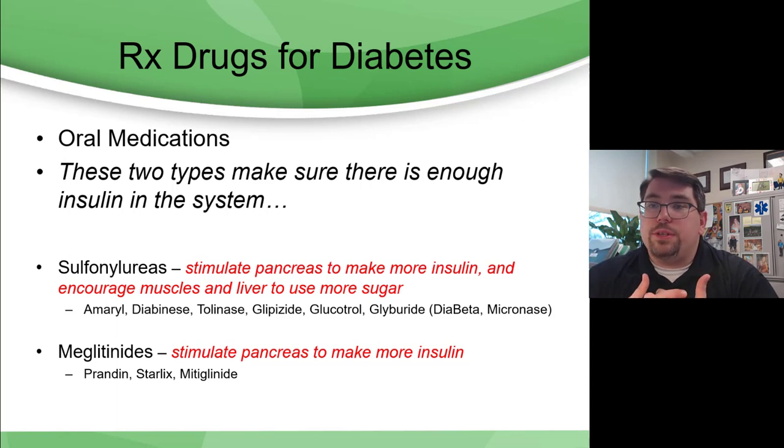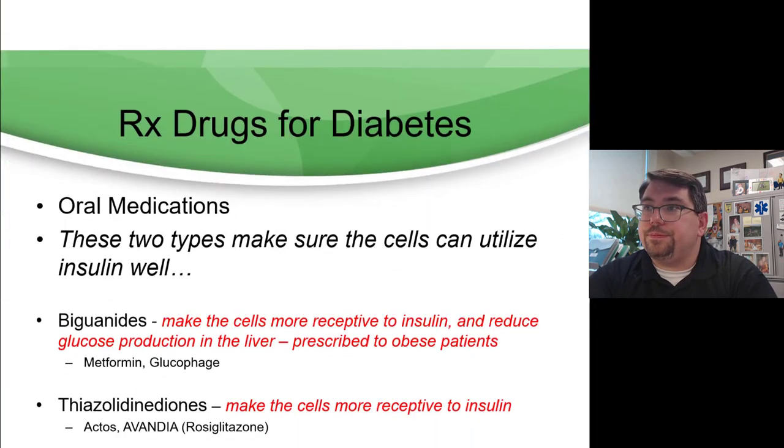Our other example that we see, Starlix, some of those more common ones that you can see as well, they stimulate the pancreas to make more insulin. It's probably more common that you'll see sulfonylureas because you're talking about your glipizide, your Glucotrol, any of those, metformin, those are all going to be some of the major components that you'll see for that example.